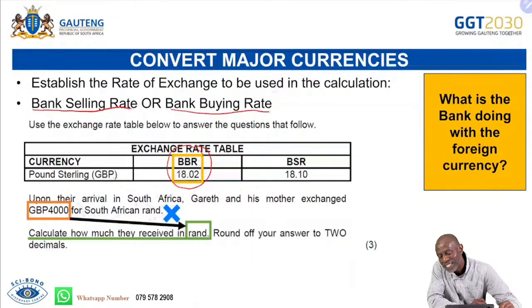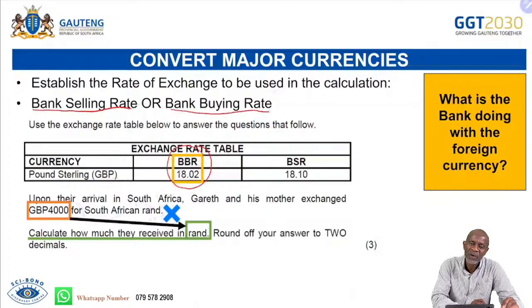You cannot exchange a rand to a rand in a bank. So the bank always will buy foreign currency if it's in a South African context. You cannot go to the bank to say, I want to buy the rand. So you will be selling foreign currency and the bank will always buy foreign currency.